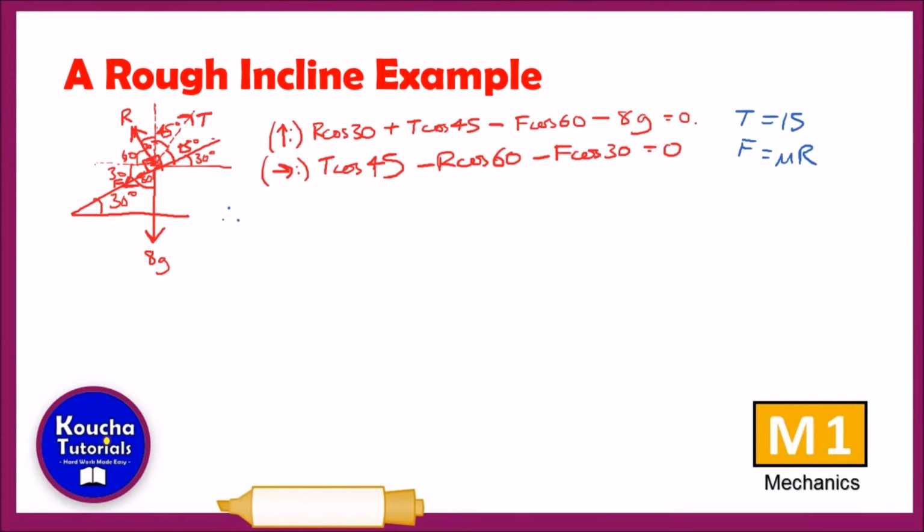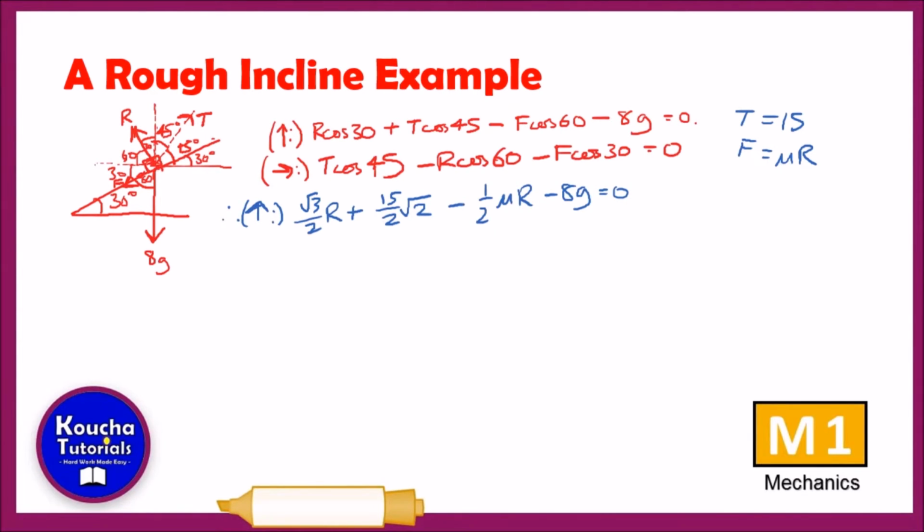Therefore, using the up arrow equation, putting this in the calculator, we get root 3 over 2 R plus T cos 45 simplifies to 15 over 2 root 2, minus cos 60 is half, F is mu R, so it'll be half mu R minus 8g equals 0.